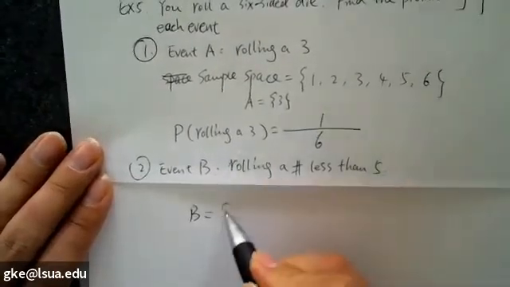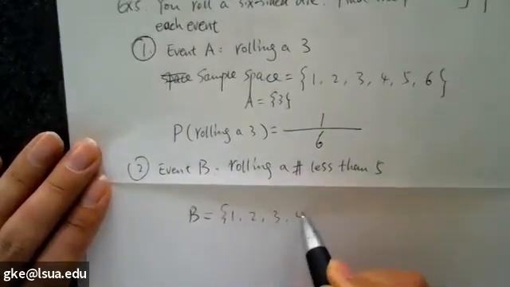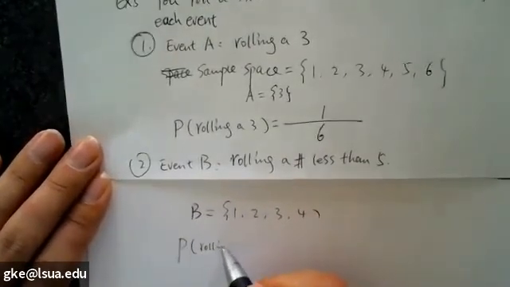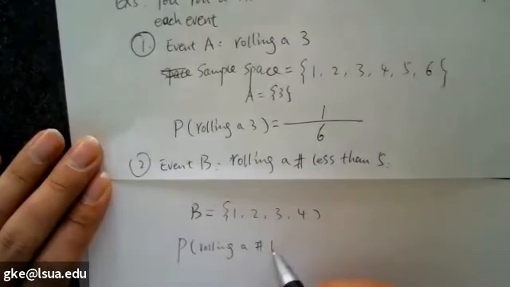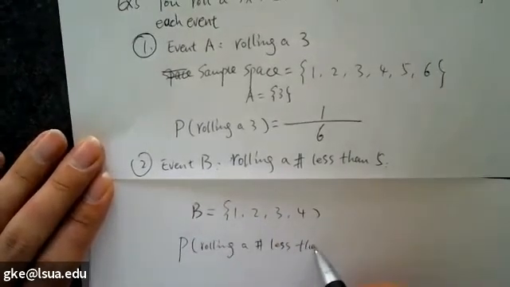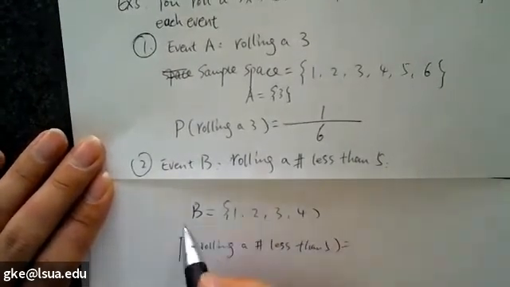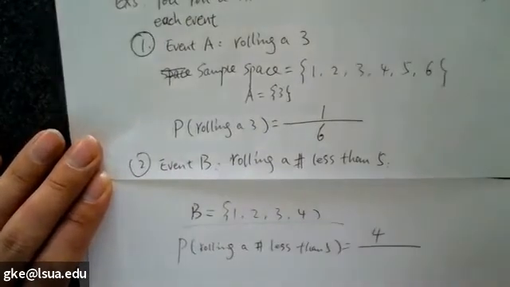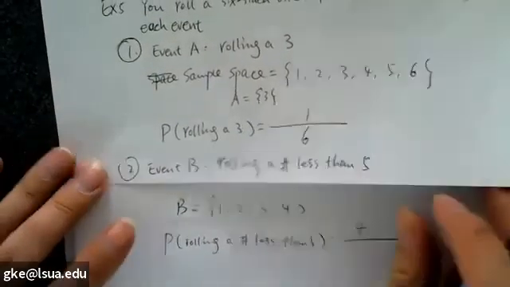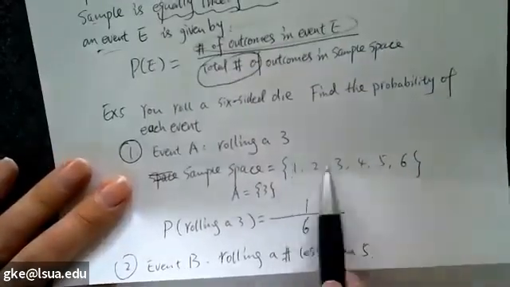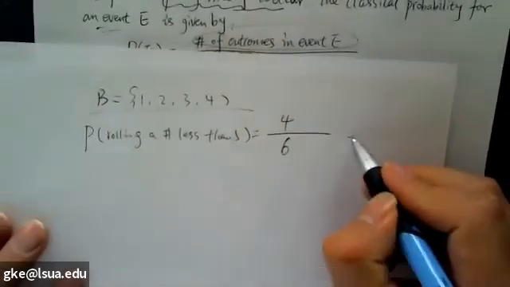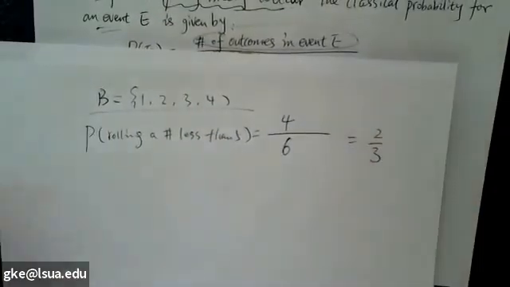So the probability of rolling a number less than 5 can be written down: there are 4 outcomes for B divided by the total number, which is 6, 1, 2, 3, 4, 5, 6. And this gives you 2/3.